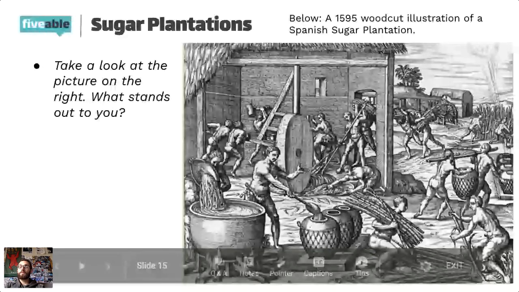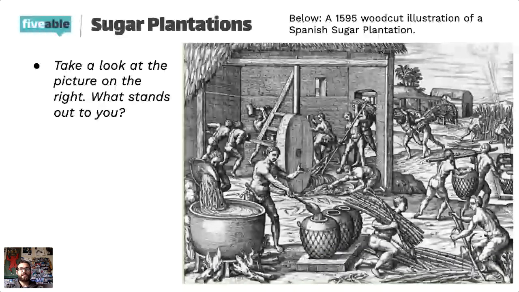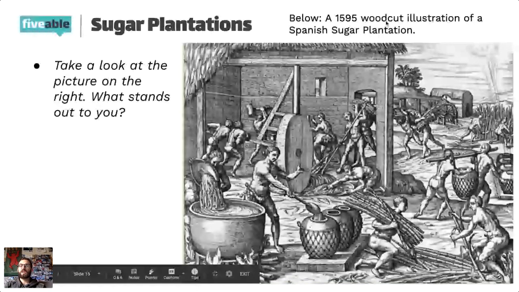Now, Unit 4, being the Maritime empires, is all about the Europeans and their empires in the Americas, right? And so on the right, we have a painting, a woodcut painting, of a sugar plantation somewhere in a Spanish colony. So I'd like to take a look at this, and what stands out to you here?